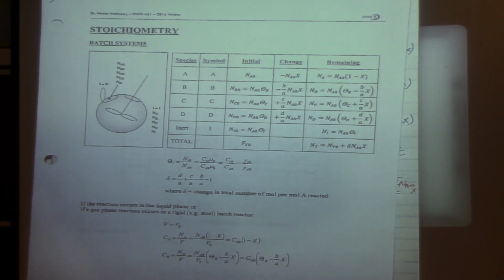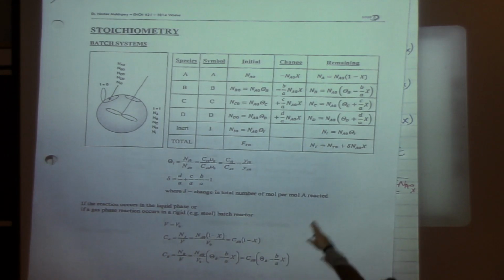Sometimes when the coefficients change, theta and delta get problematic for the students when they want to make up this table. But this is the table. I'm going to give it as a single page at the end of this chapter. You have it in all the quizzes and exams.